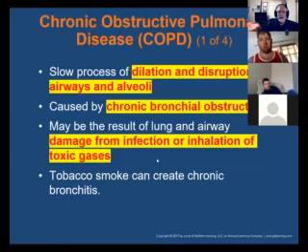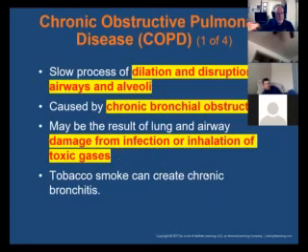It could be that somebody has a chronic infection, chronic meaning it's ongoing, and it becomes a long-term deal. A chronic infection that damages the alveoli and the bronchioles. Could be the inhalation of toxic gas.